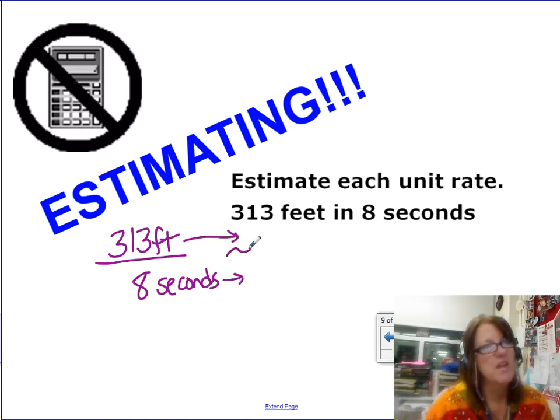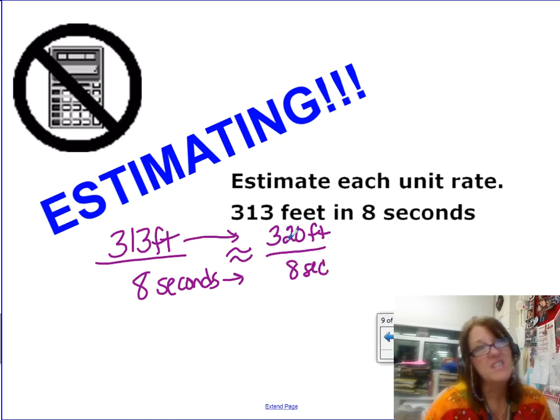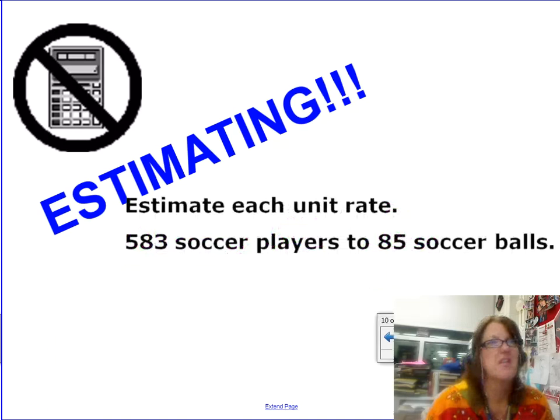If I called this close to 320 feet and rounded it up that way, and 8 seconds, this works nice because 8 can go into 32 4 times. And so that means 8 can go into 320 40 times. Nice. 40 feet per second. That's pretty close.